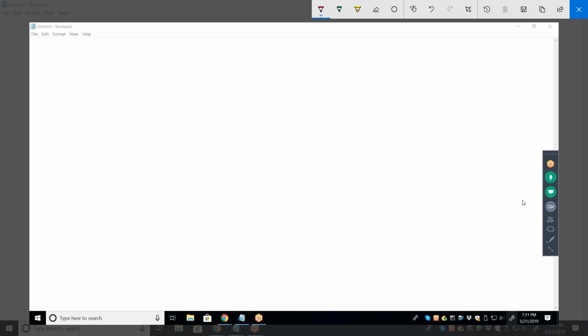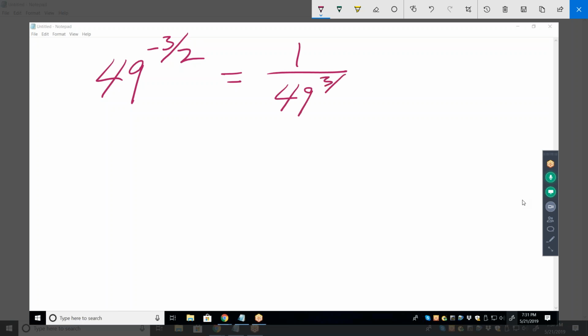The next one is 49 to the negative 3 over 2. What do you do with negative exponents? You put 1 over the whole expression. So 1 over 49 to the 3 over 2. You got it. Now, what is 49 to the 3 over 2?